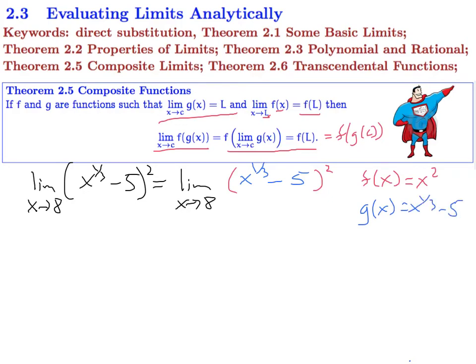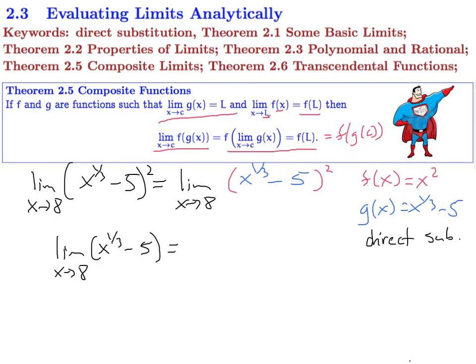And these, according to what we've done so far, are great functions. These are functions that we can just directly substitute into. It's not going to be a big deal. So according to our theorem, we want to figure these out in steps. First, we figure out the limit as x approaches 8 of our inside function, x to the 1/3 minus 5.